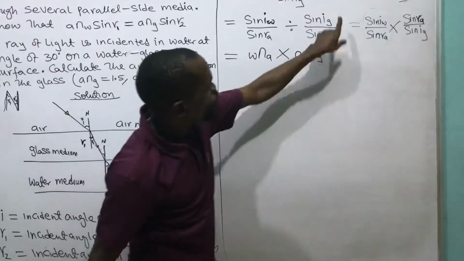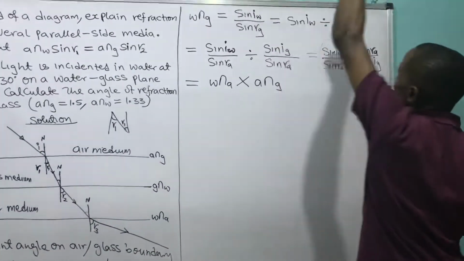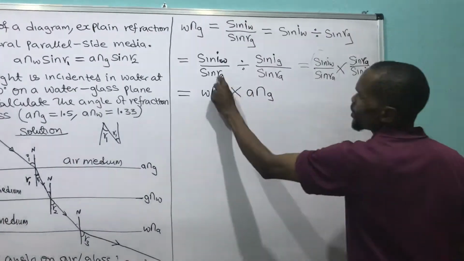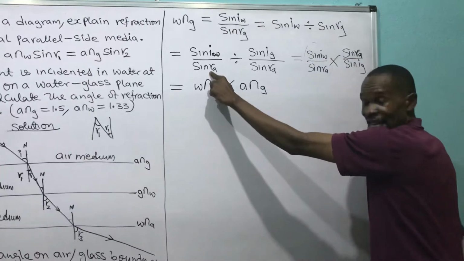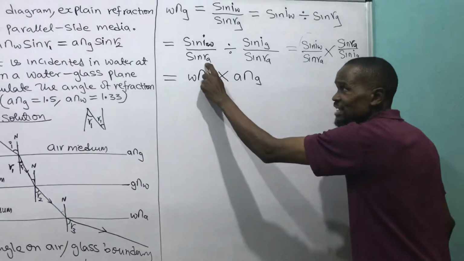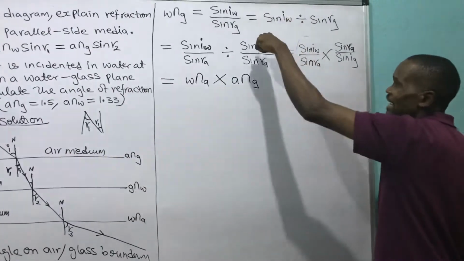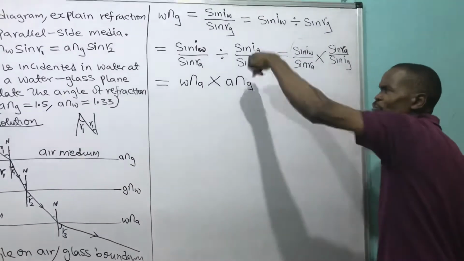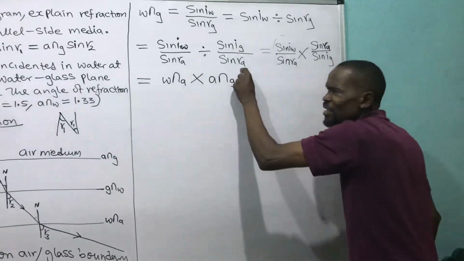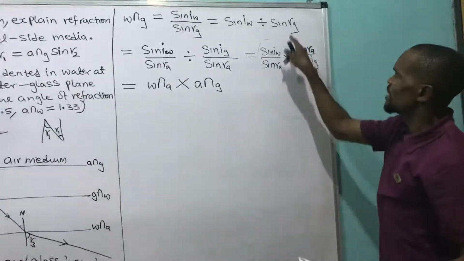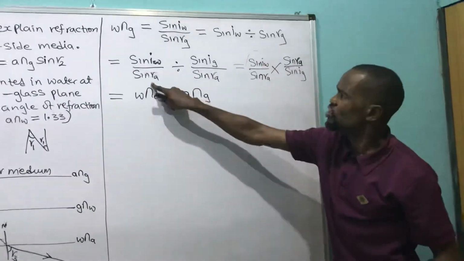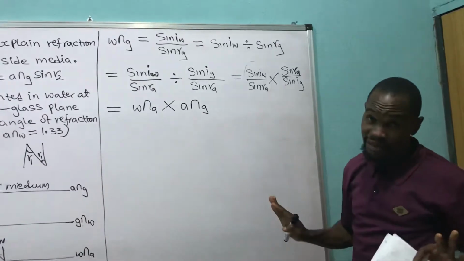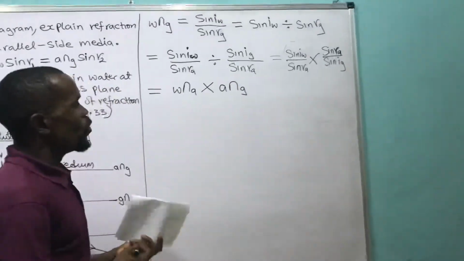So if I'm in water, before I get into the glass, I will get air. I will refract in air first. After refracting in air, I incident again in glass. If I'm going out from glass, I will refract in air before I get another medium. So that's what this turned to. You get it right. Then now, we move.